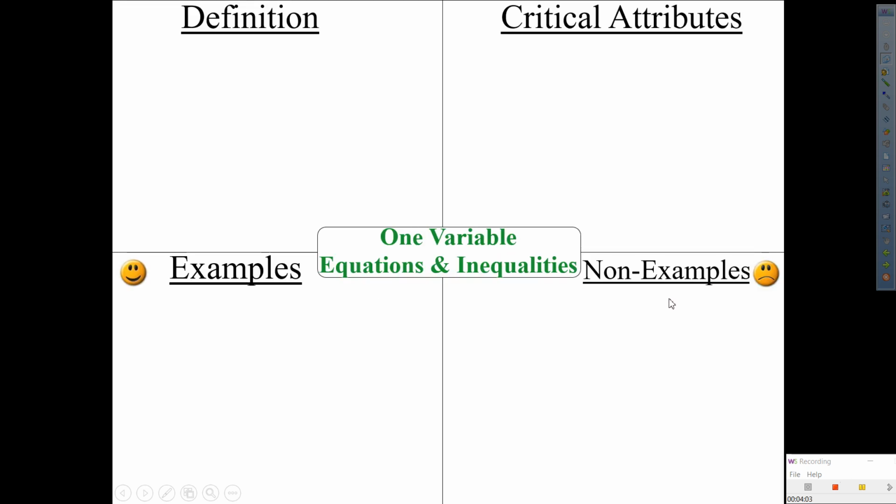Before we move on, remind your neighbor the definition without looking at your notes. What are one variable equations and inequalities? Let's see if they remember.